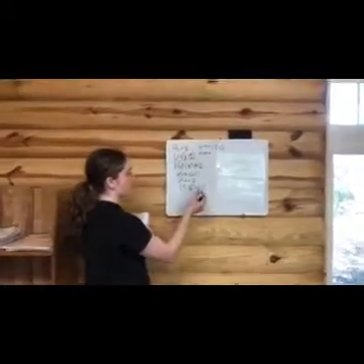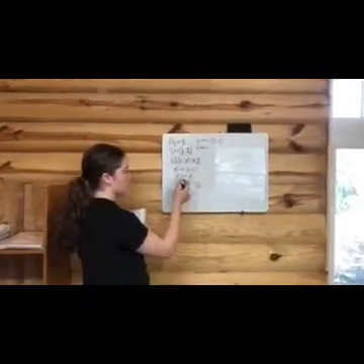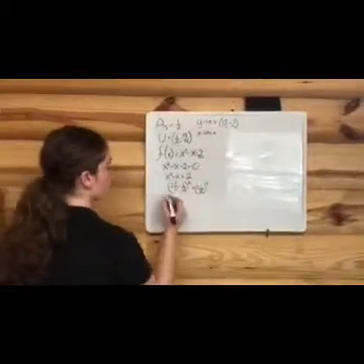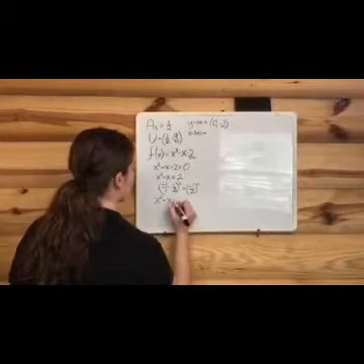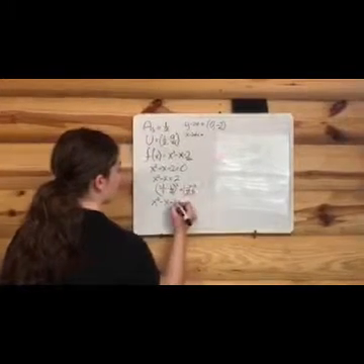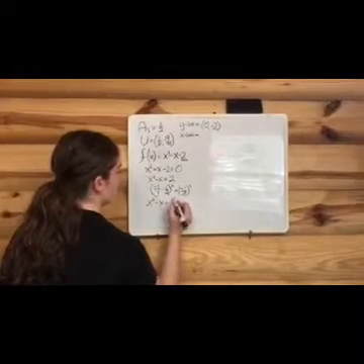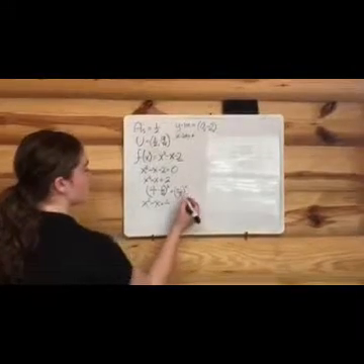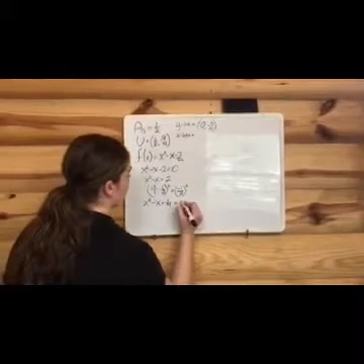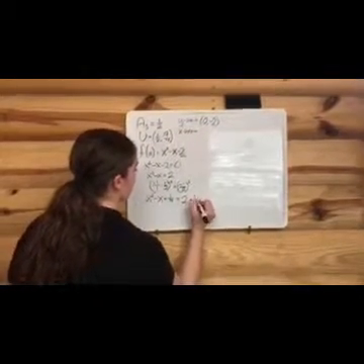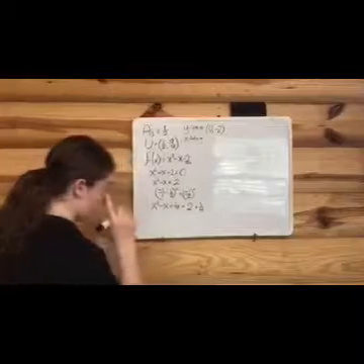Then you're going to add this to both sides of the equation. So you will have x squared minus x plus 1, the square of negative 1 is 1, and the square of 2 is 4. And then you'll do the same to the other side, 2 plus 1/4.